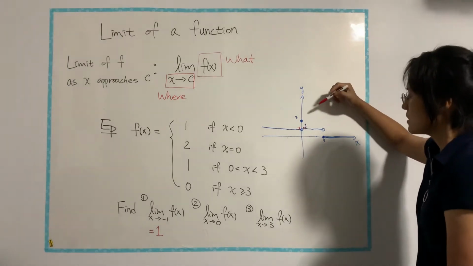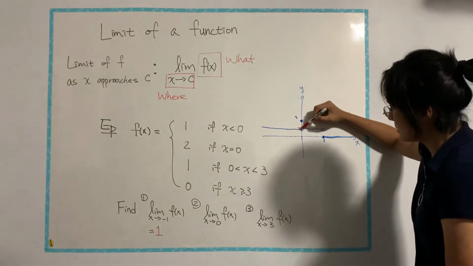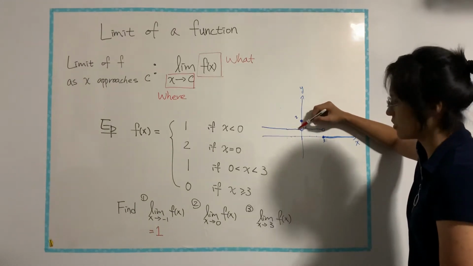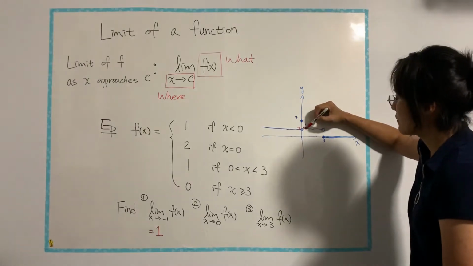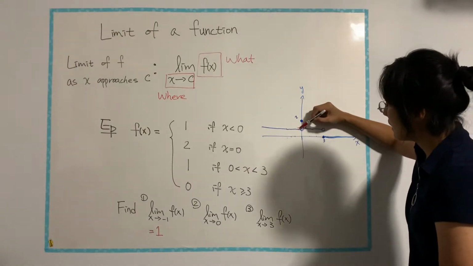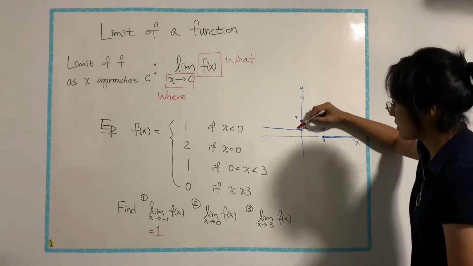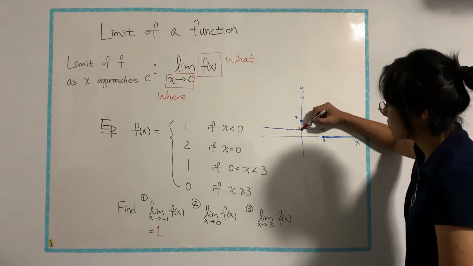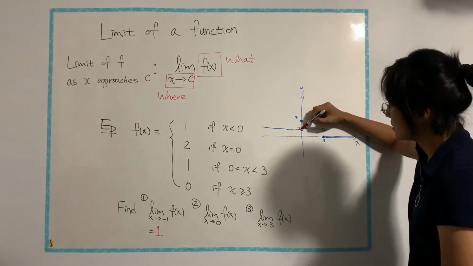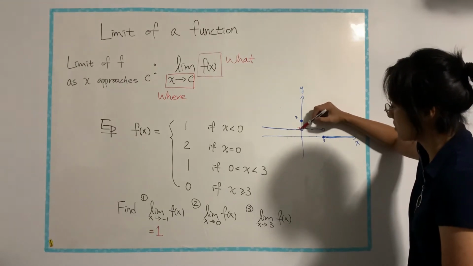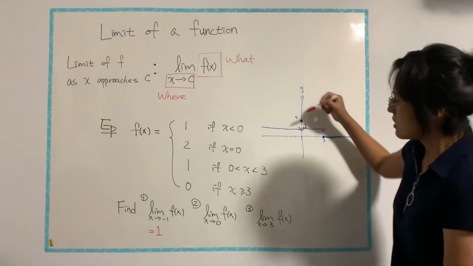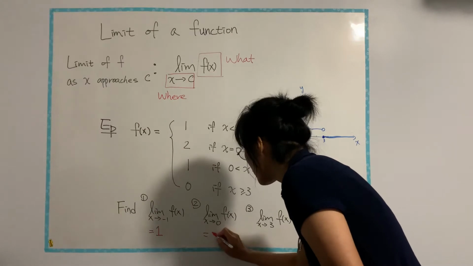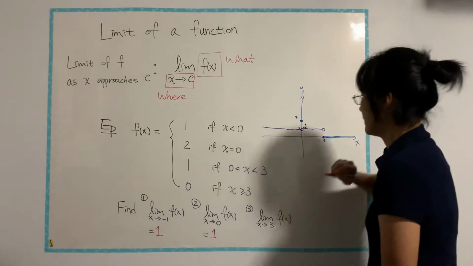So you can see that if I travel along this curve, think about your driving, you're going to bump into this value, which is 1, even though there is this empty circle there. So in this case, we still have the limit equals 1.